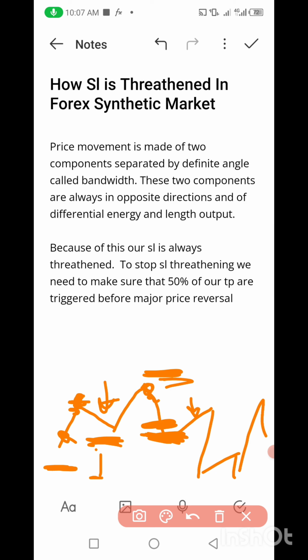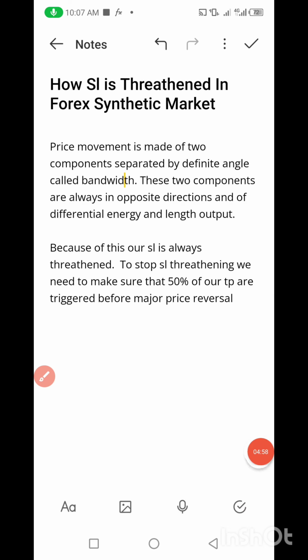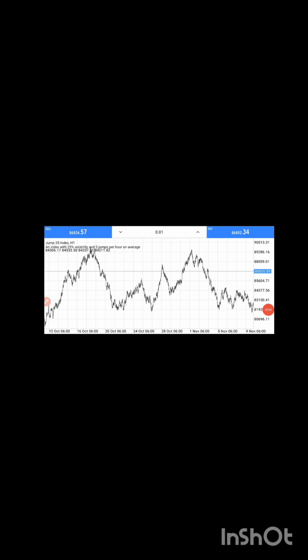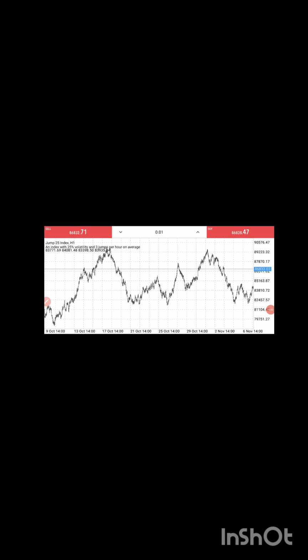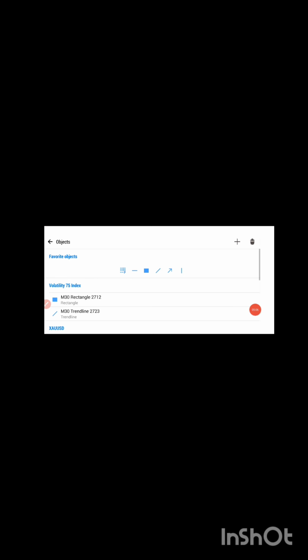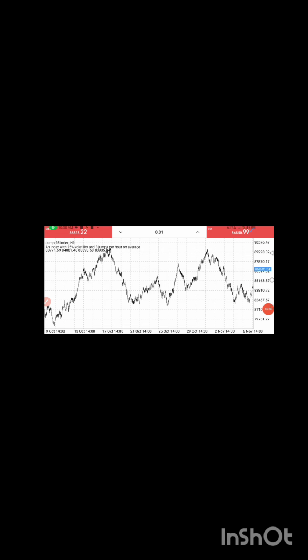So it's a war. So I'm going to the chart to explain this further. Okay, look at this environment right now. Okay, you see that, we can actually draw something like this.